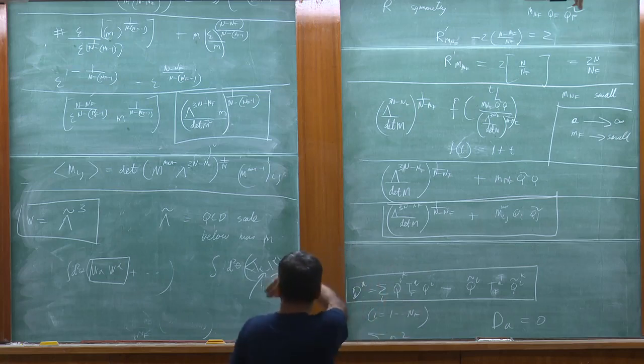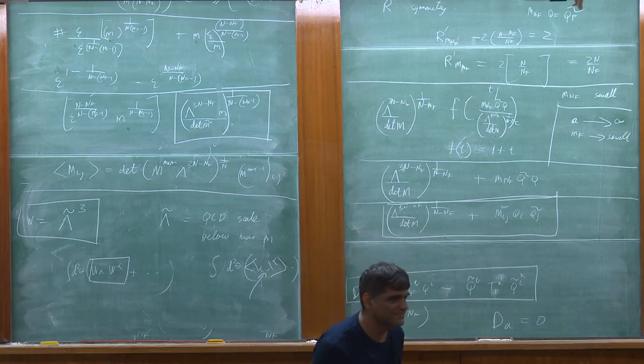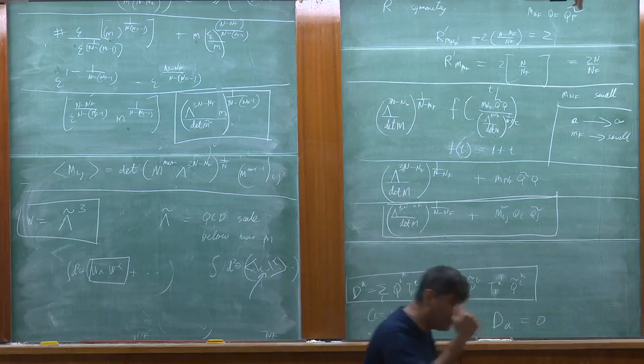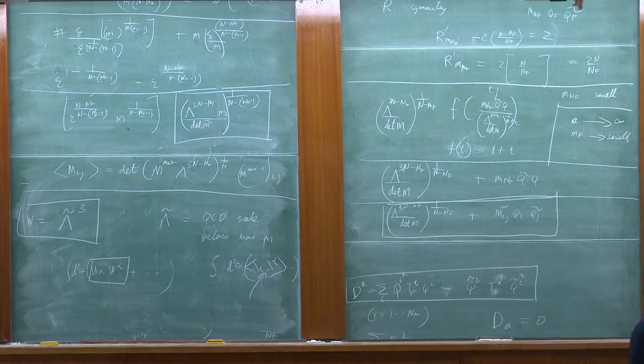Just like the calculations we've been doing through this class, in the low energy theory you put NF to 0. So the combination that comes about is precise. Anyway, you guys try it as an exercise. Take the masses all diagonal, put all masses equal. It's a simple calculation to do. And check that you get lambda cubed, where lambda is the lambda of the low energy theory.